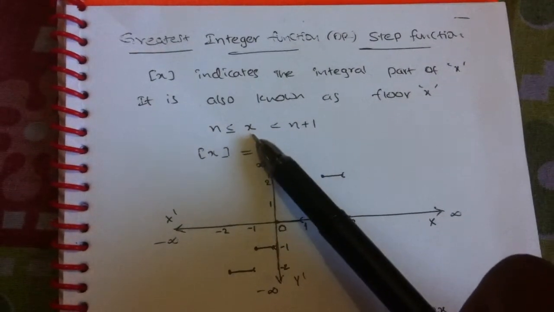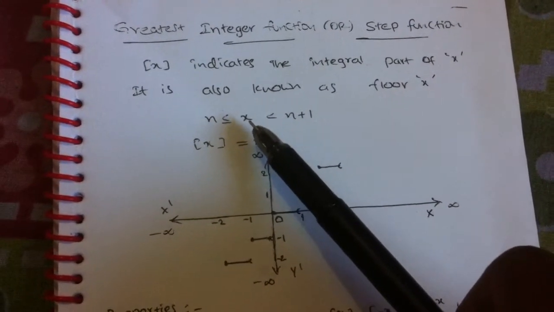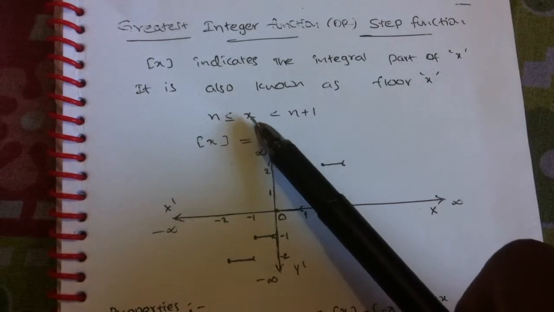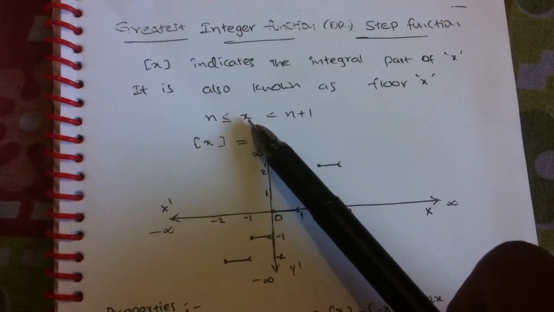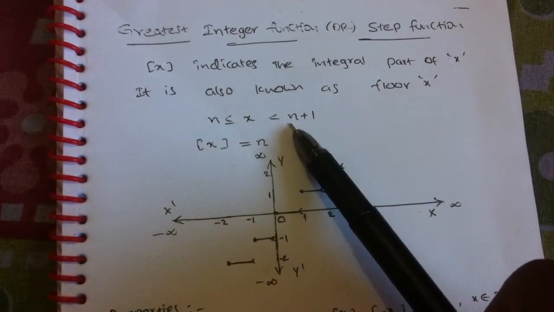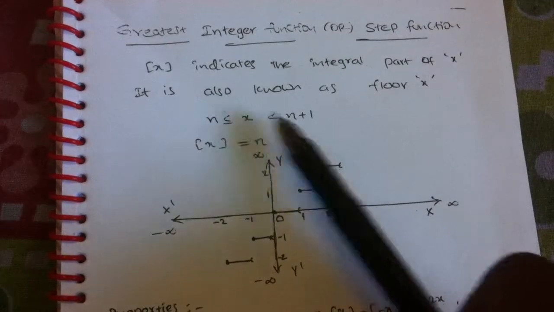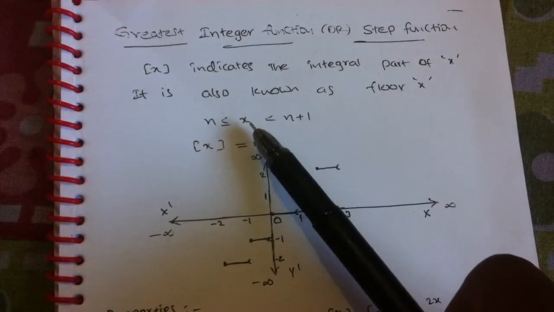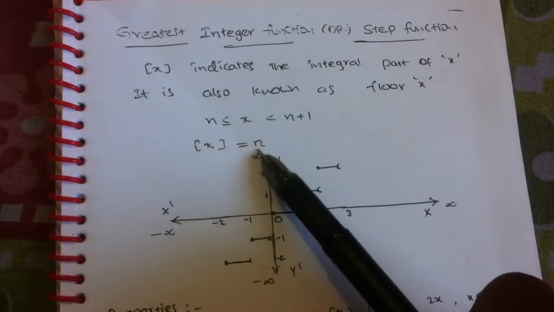Suppose x is any number, for example 3.2. So 3.2 lies between two integers, 3 and 4. Then step x value is equal to 3.